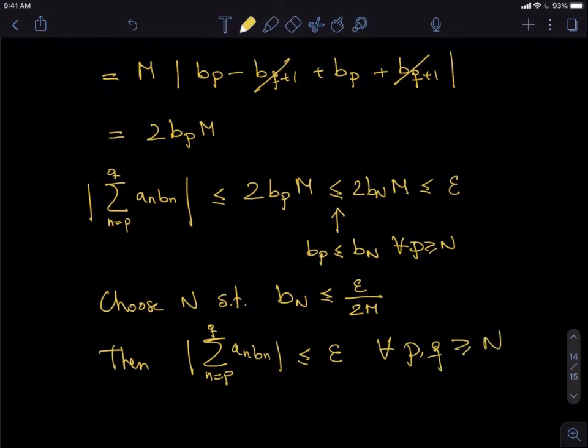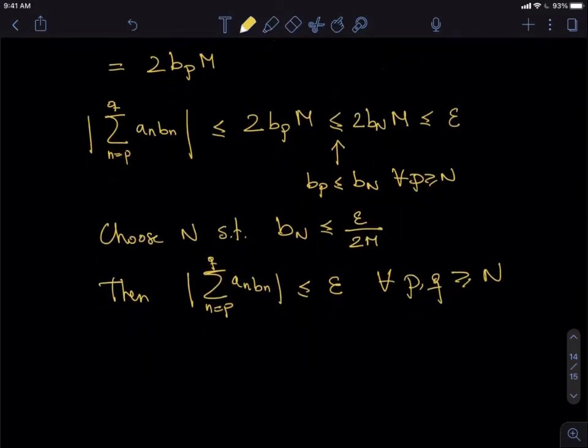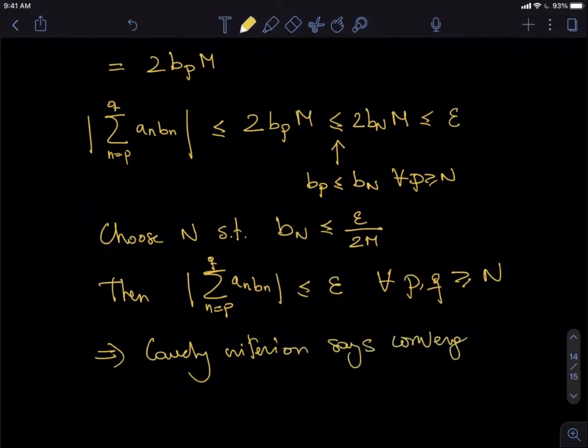And this is what we needed to show that the series is Cauchy. Criterion. So the series is convergent.